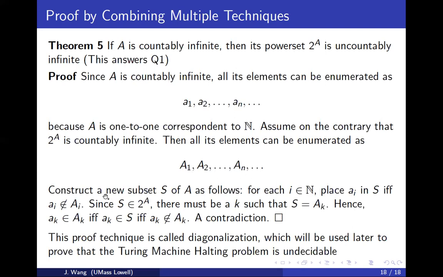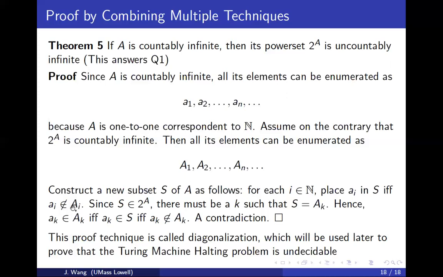Now, we're going to construct a new subset S of A as follows. We look at each integer i. We're going to look at the element a_i. We're going to put a_i in S if and only if a_i is not in capital A_i. Because each a_i could either be in this set or not.